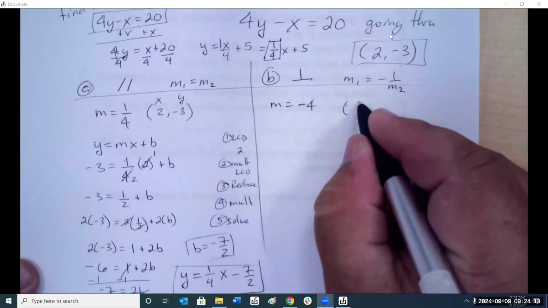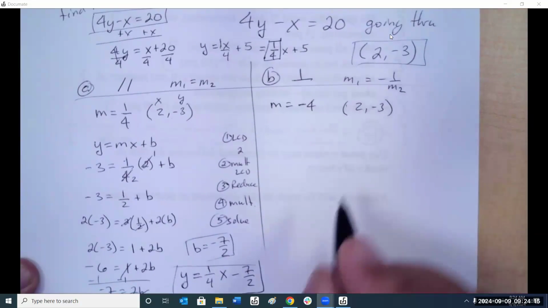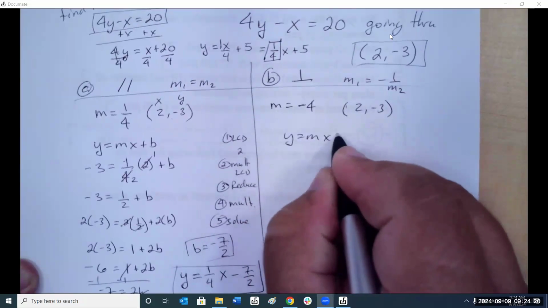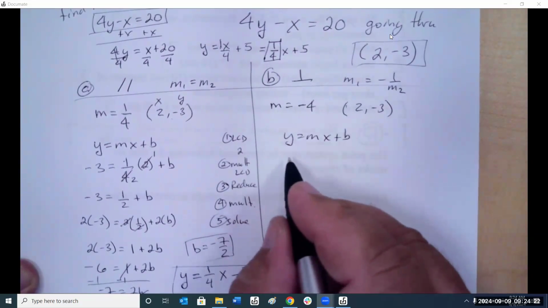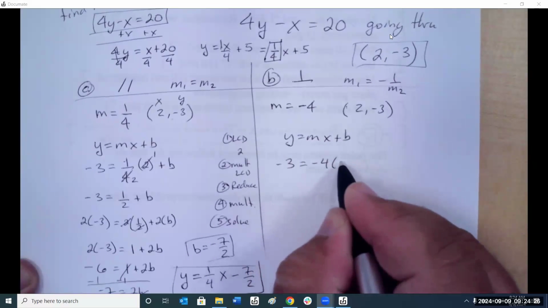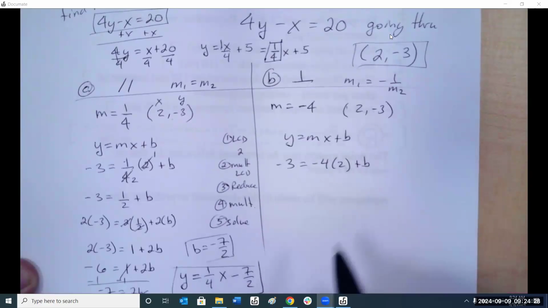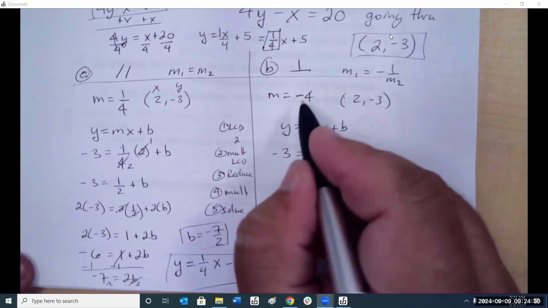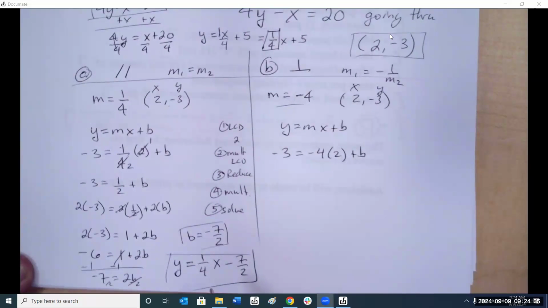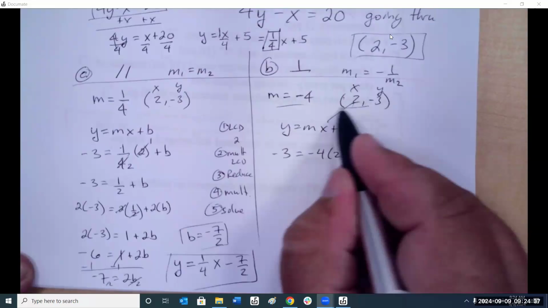So we have our slope and we have our point. I'm trying to hurry up, get you out of here. Plug in your values. -3, -4 times 2. There's m, this is x, and this is y.